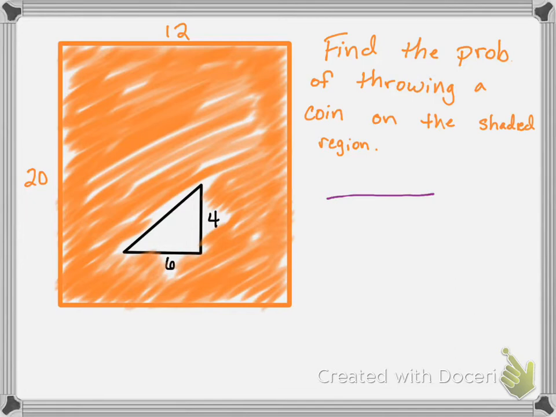You would do square. Yeah, so square, or I'm going to call it a rectangle because I'm a math teacher. Rectangle, and we're minusing, or subtracting, the triangle, and then it's all out of your rectangle, correct?